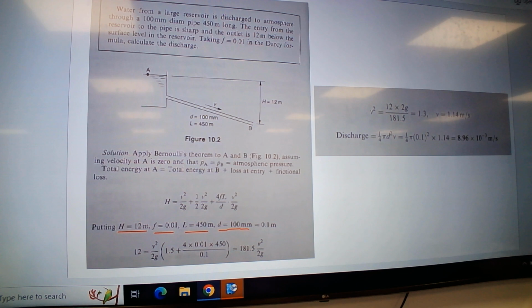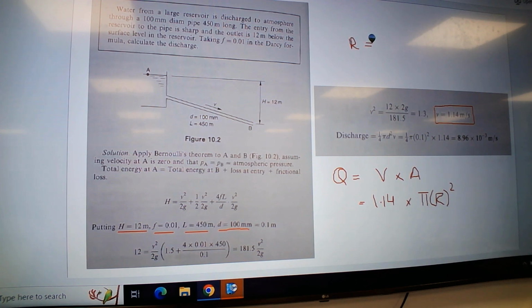Once we got the value for the velocity, which is 1.14 meter per second, we need to find the discharge. You can use that formula for discharge, or you can use Q equals V times A, where V is the value we just figured out, 1.14, multiplied by A, which is pi r squared.